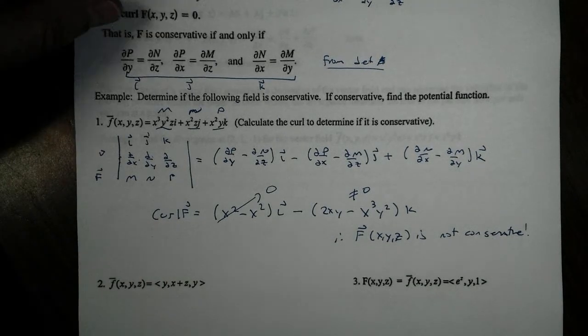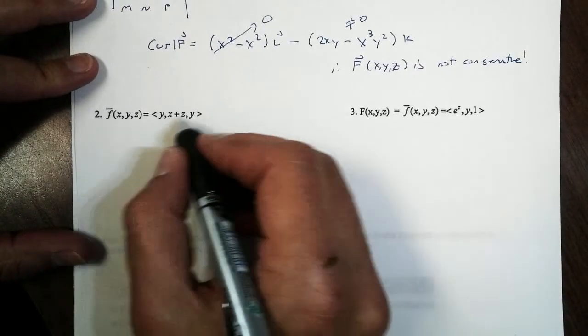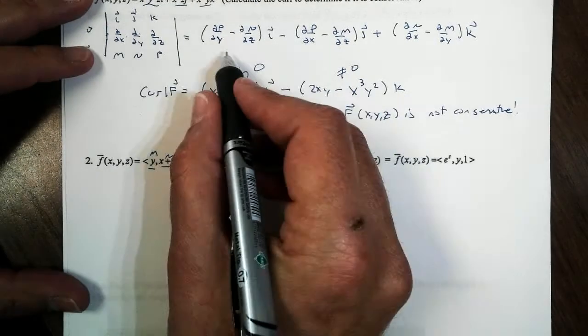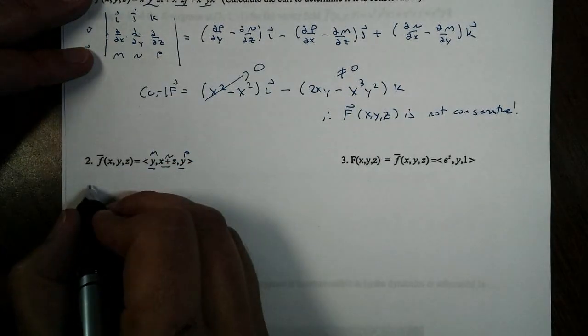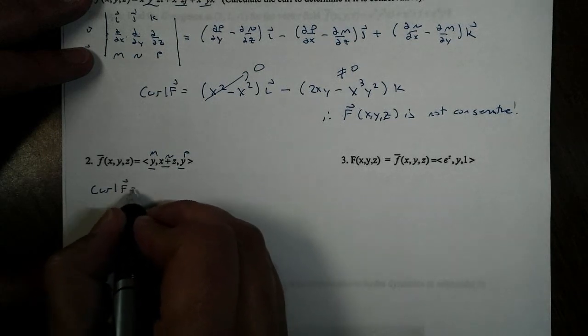All right, so let's take a look at example number 2. We're just going to go ahead and use our rule. There's M, there's N, and there's P. So we're just going to plug it in right here. If I want to find out the curl of our vector field, ready?